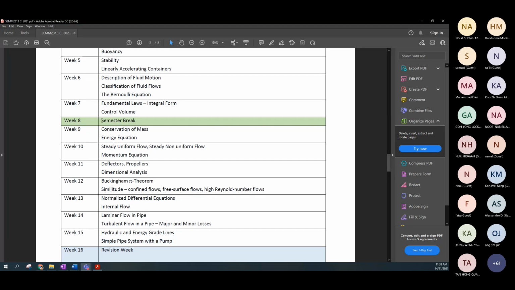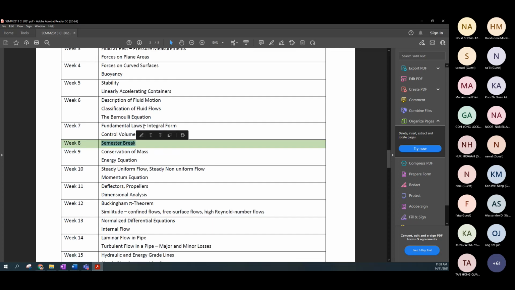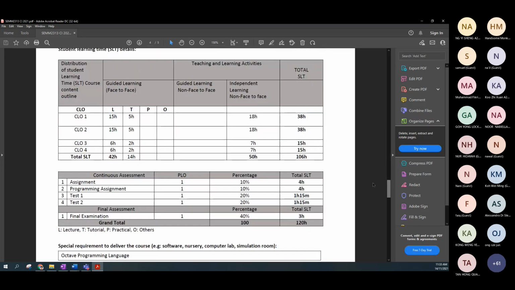This programming assignment contributes 10%. Supposedly you have to work on it for 4 hours, but I give you 1 week. I give you plenty of time. I need to see your creativity on how to solve it.